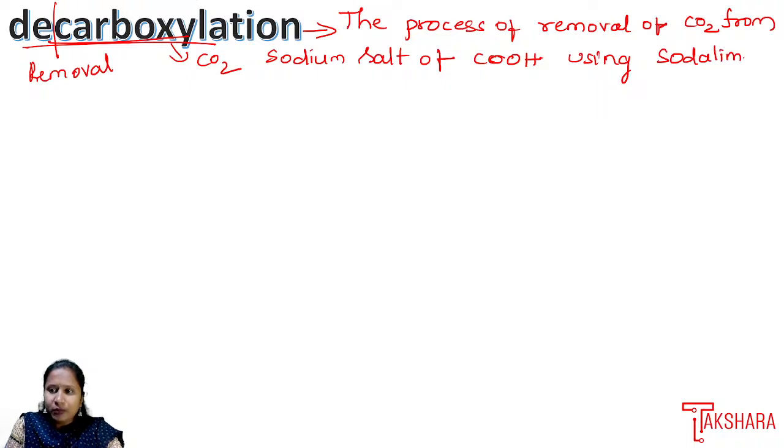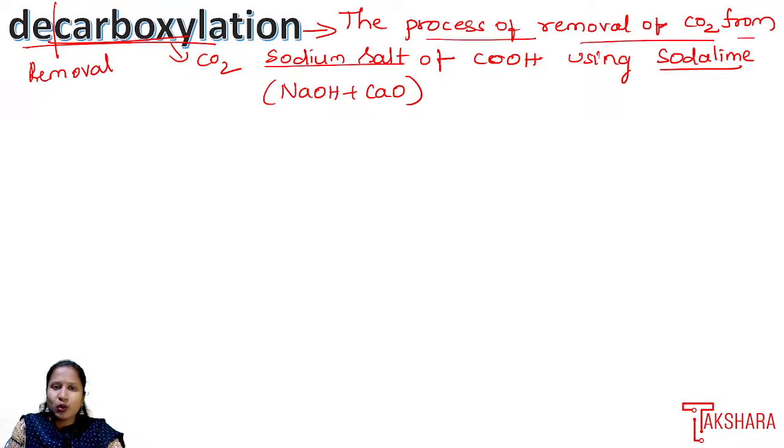You should compulsorily know the composition of soda lime. Soda lime is nothing but a mixture of NaOH plus CaO. So the process of removal of carbon dioxide from sodium salt of carboxylic acids using soda lime is called decarboxylation.